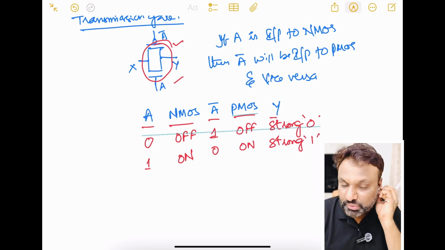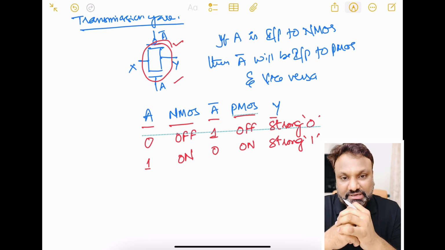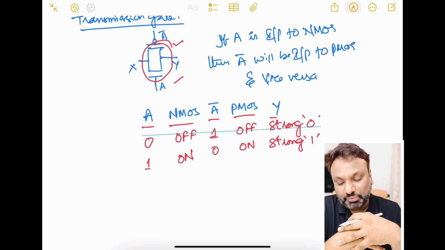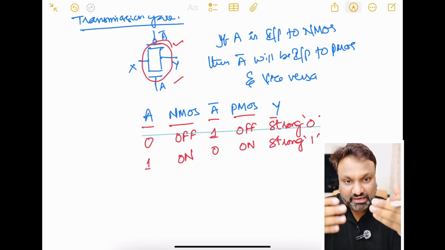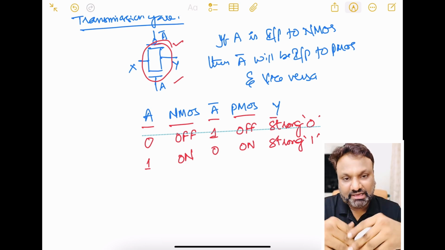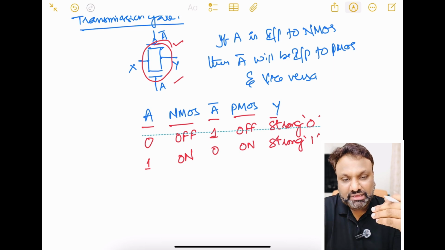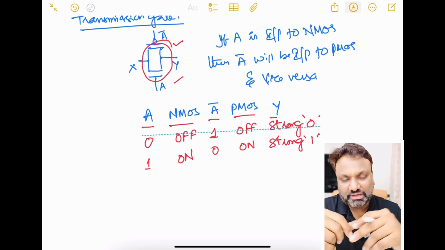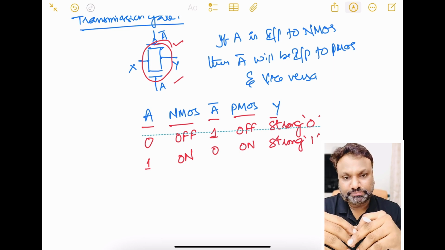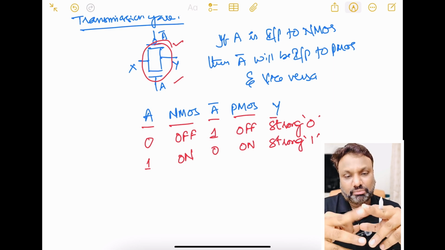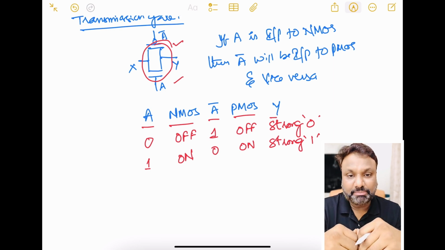So basically what we are doing is, in the pass transistor we had a degraded output. In order to avoid this degraded output, we are additionally connecting another gate. That means we are connecting a PMOS to the NMOS transistor, and we are giving the complementary input. If A is given to the NMOS, then A bar will be the input to the PMOS. By using this simple arrangement, we can construct any Boolean function again, as we have done with the pass transistors.